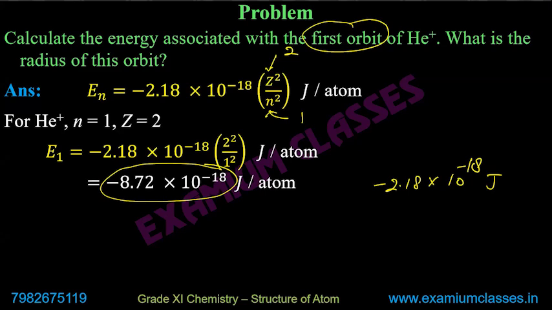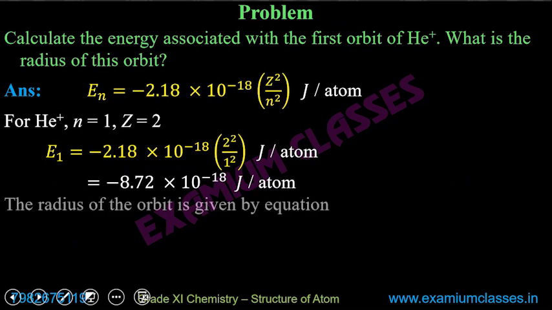I'm talking about the energy. Okay, so for the helium ion basically, it is minus 8.72, and minus 8.72 is actually less than minus 2.18. Absolute value is more, but otherwise it is less than that.